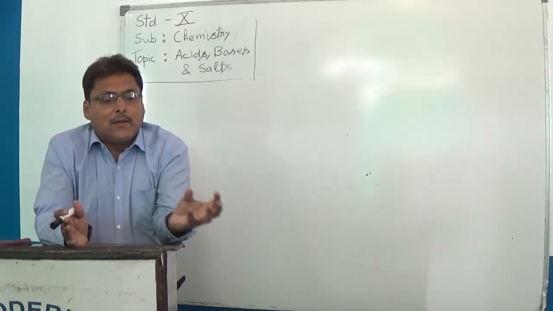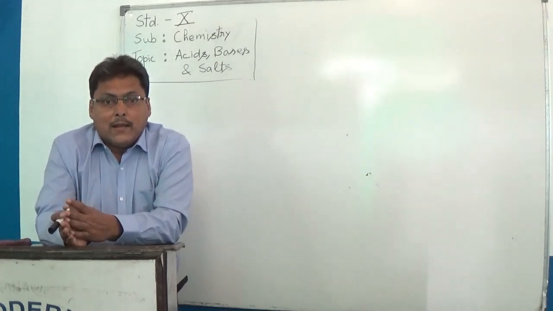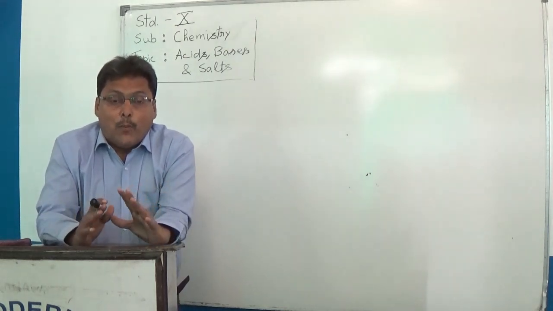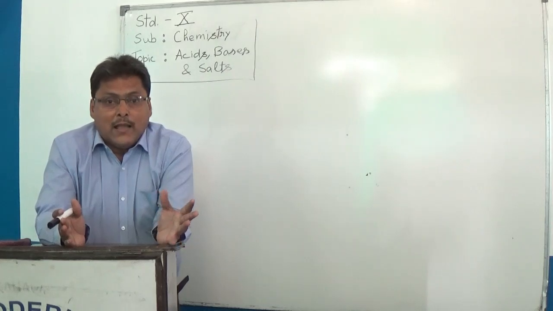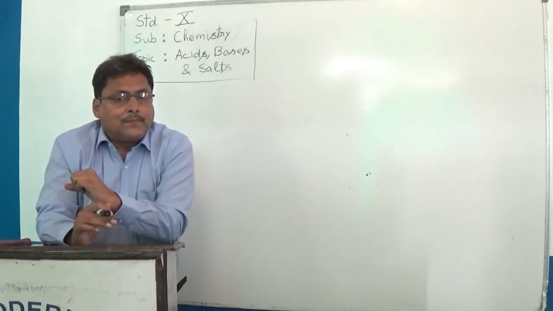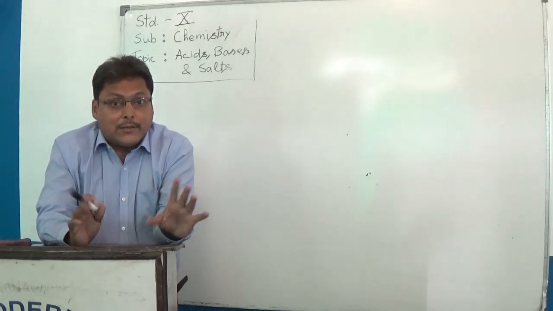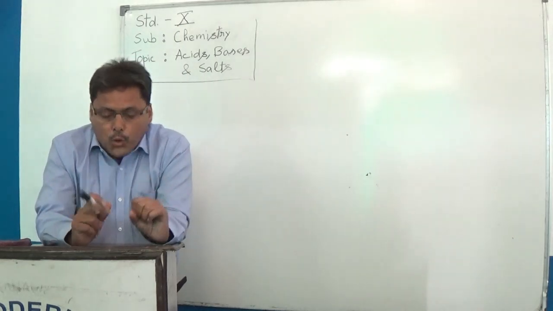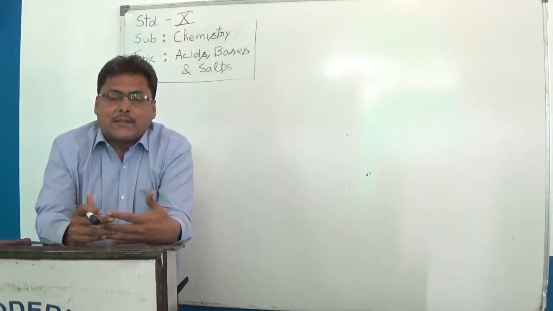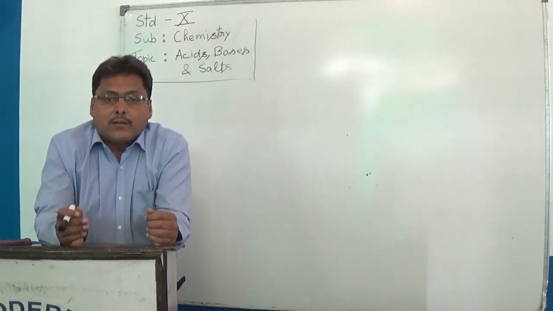Suppose ice melts into water, they look different, but there are no new properties, new substances, because in the chemical constitution, ice and water are the same. So that is not a chemical change. But hydrogen gas and oxygen gas combine in a certain proportion and create water.